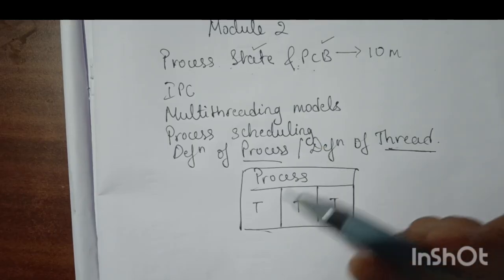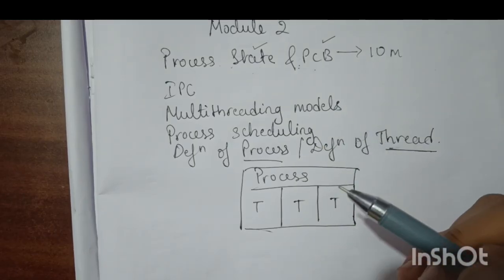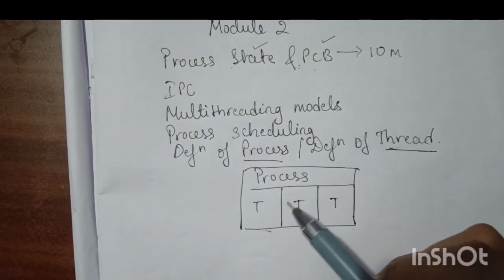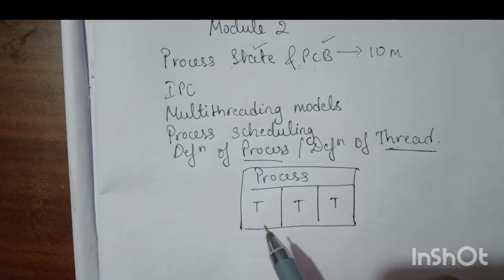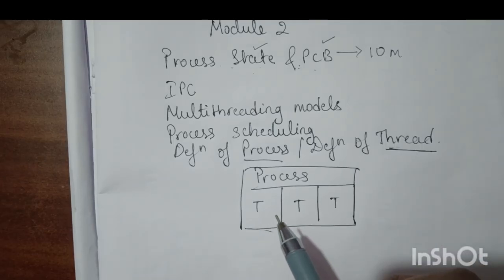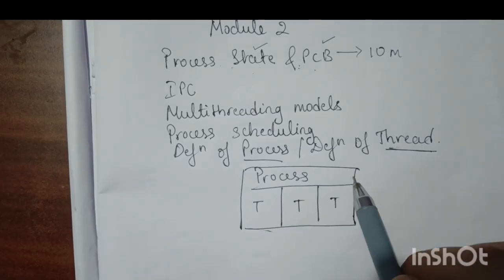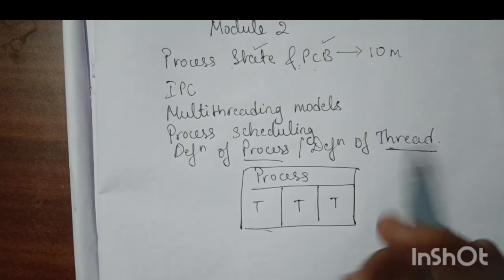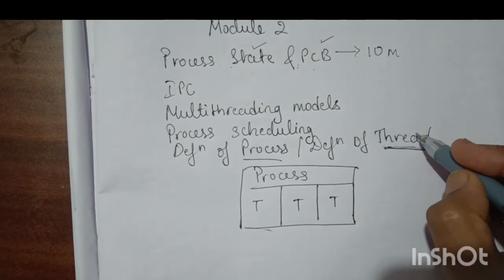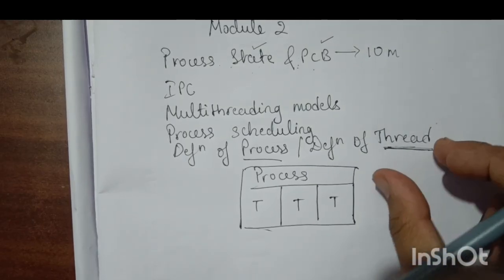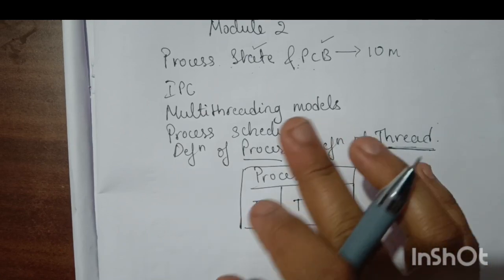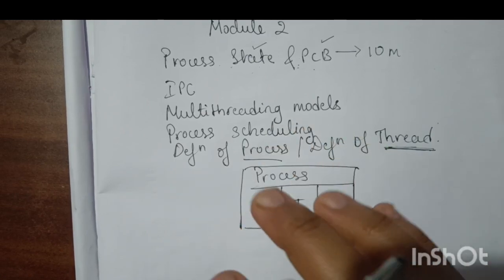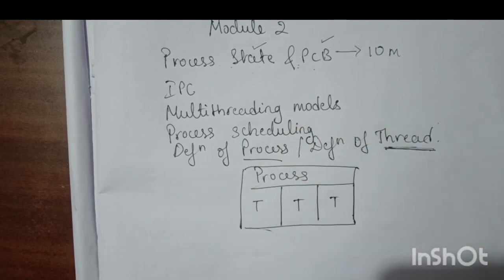So that internal checking of spellings is another part that is being done internally. That other part is your thread. So your spell check is a thread, and typing of the letters or the paragraph is a process.